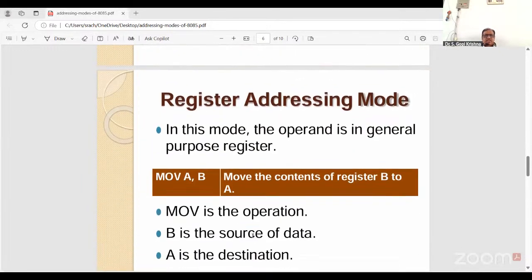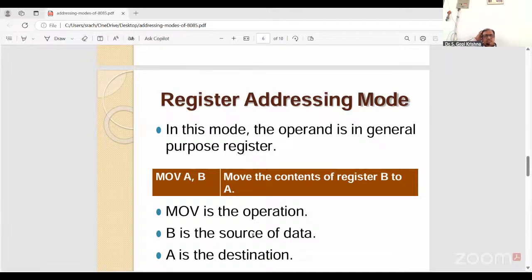Next is the register addressing mode. An example of this is MOV A, B, which means the contents of B will be transferred to the accumulator. So move the contents of register B to the accumulator. There are many instructions transferring from one register to another register, which come under register addressing mode.